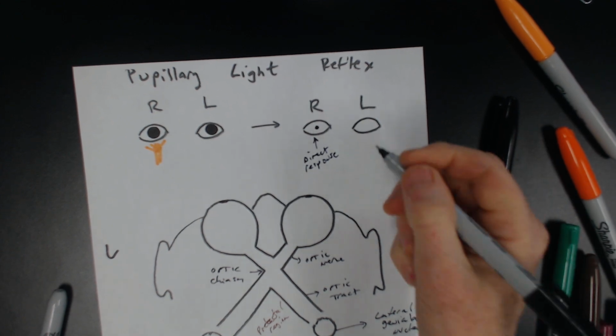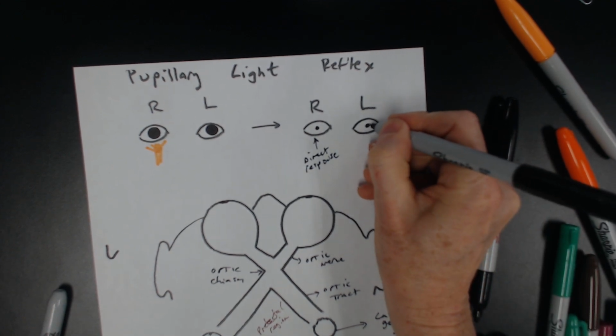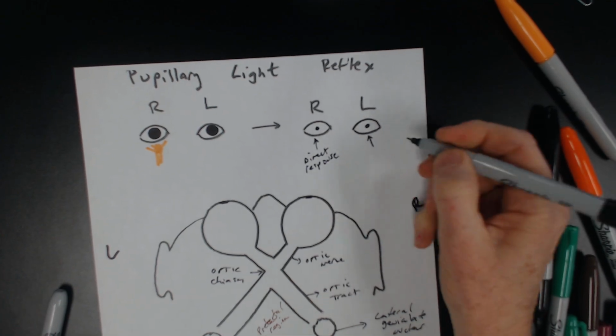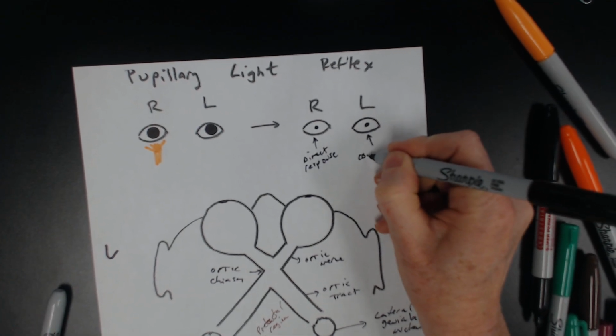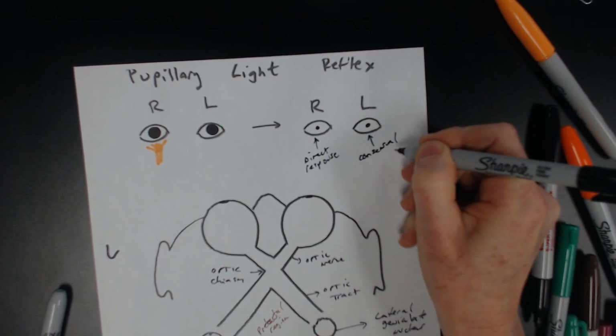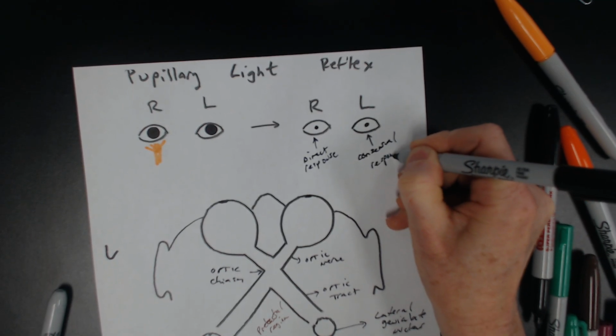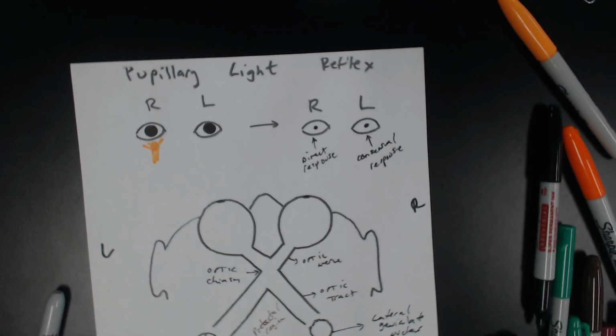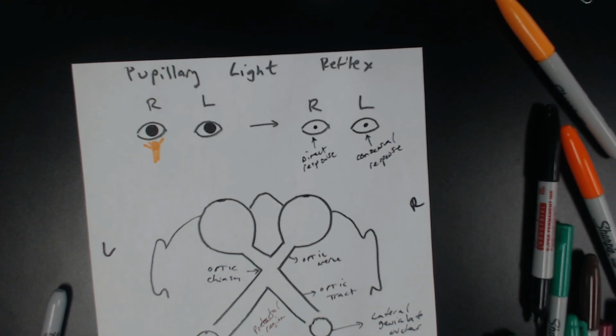And the left pupil constricts as well, and this is called the consensual response. So there's a direct response and a consensual response. The direct response happens in the same eye, and the consensual response happens in the opposite eye. Even though that left eye didn't see the flashlight directly, it still caused pupillary constriction.